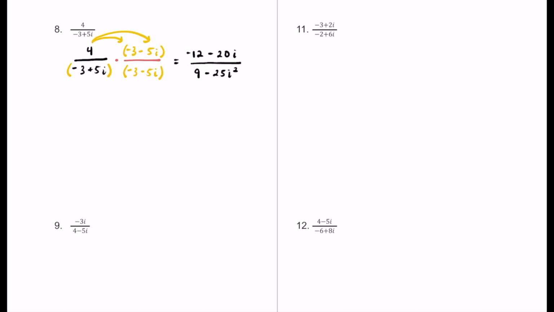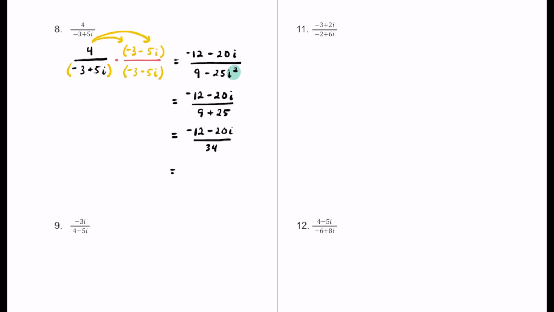Now in the numerator, it's nice, we had a real number of 4, so we don't have any i's up there, but on the bottom we do. So on top, it's just going to stay the same for now, negative 12 minus 20i. And on the bottom, we have a 9. And then what do you have? Negative 25 times negative 1, so it's going to be positive 25. Now 9 plus 25 is 34, so we can rewrite this as negative 12 minus 20i on top of 34.